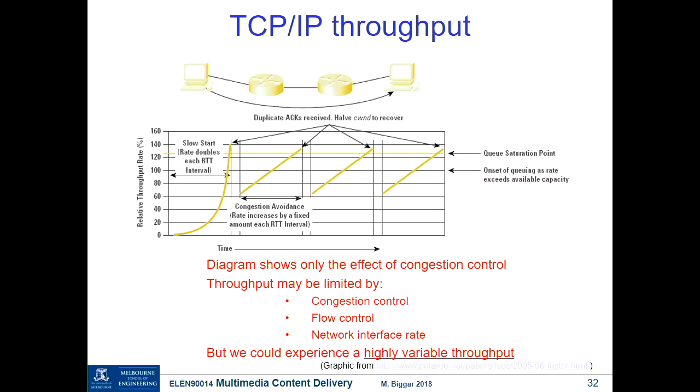Remember, it sends one packet, waits for acknowledgement, sends two packets, waits for acknowledgement, sends three packets, sends four, and so on. So there are multiple round trip time delays. So even if the round trip time is only of the order of a few hundred milliseconds, we have a very small throughput initially, and we have multiple round trip times before we can build that up. So we do have this slow start.